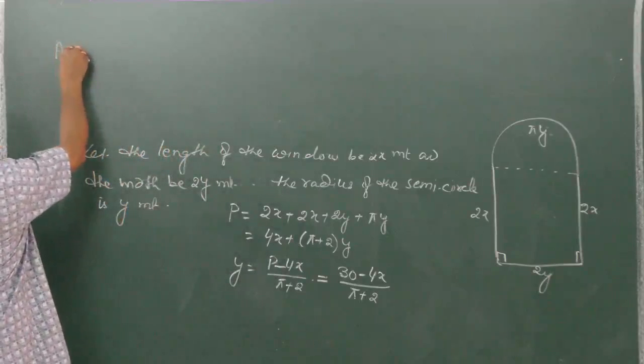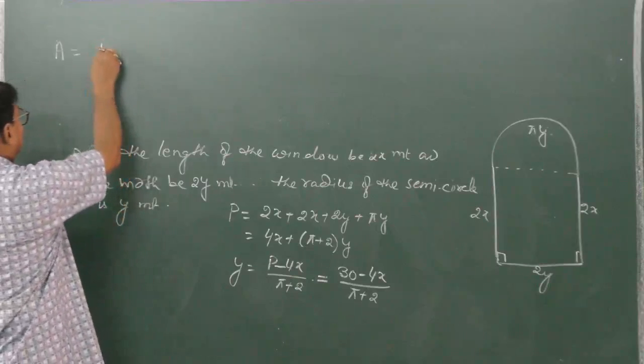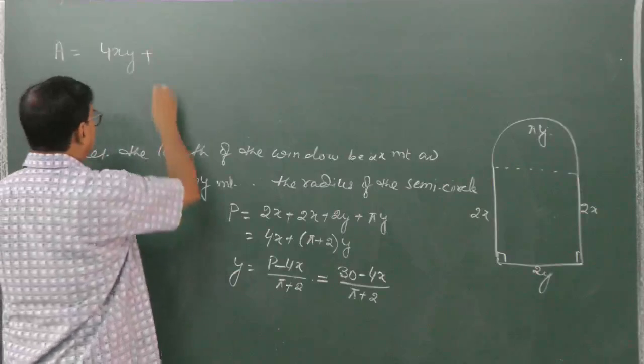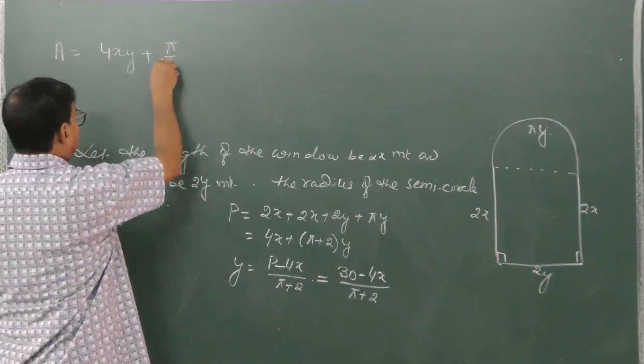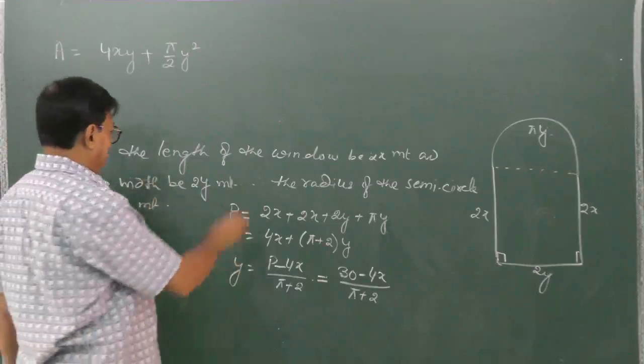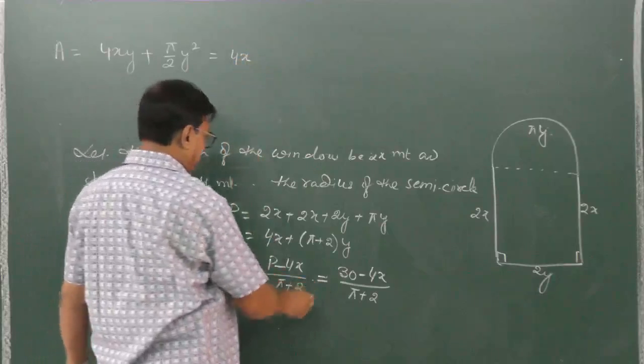Area of the figure is the area of the rectangle, 4xy, plus the area of the semicircle, pi by 2 y square. So this is 4x. We put y in terms of x.